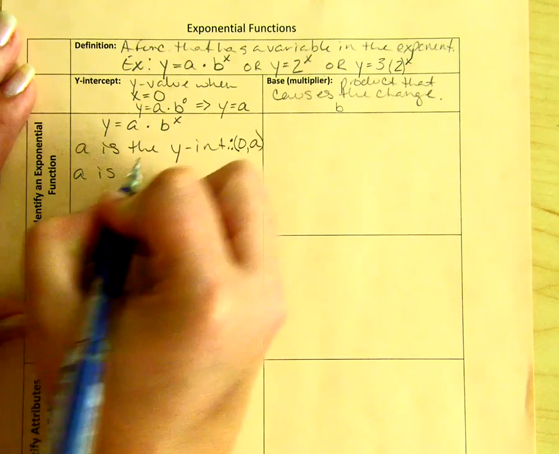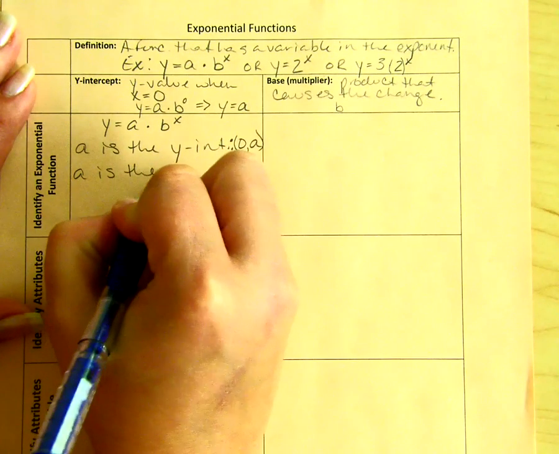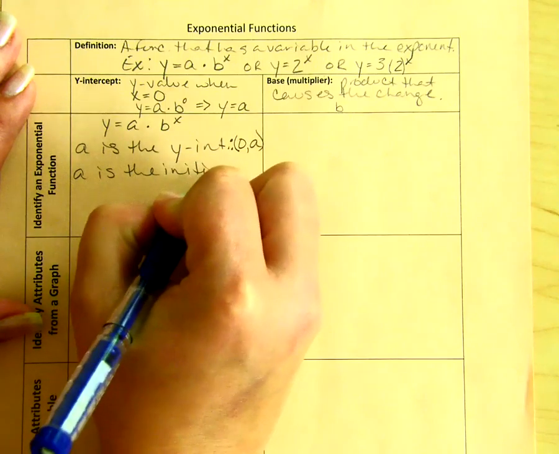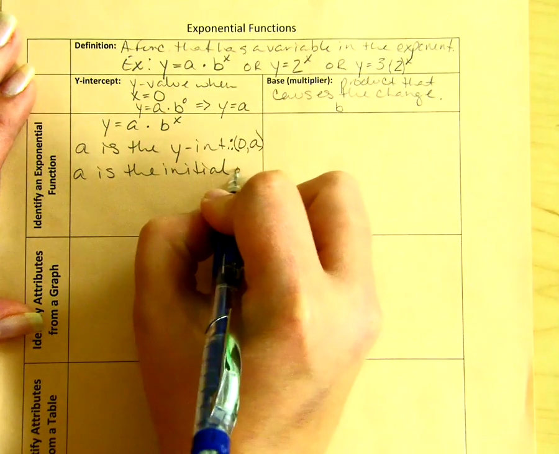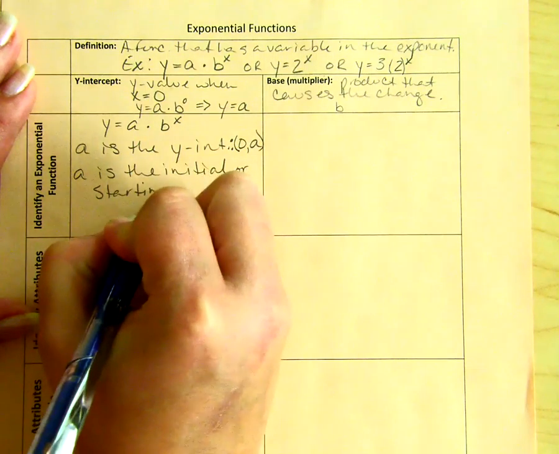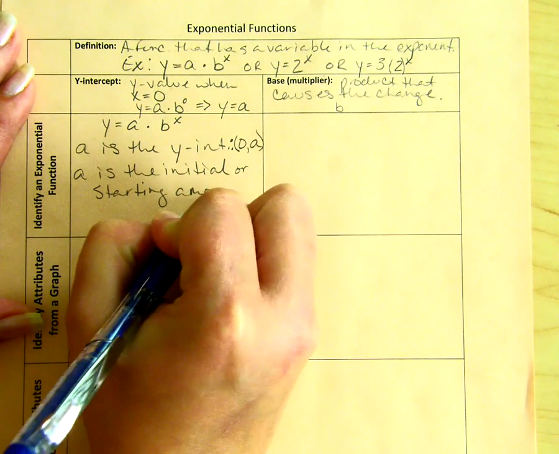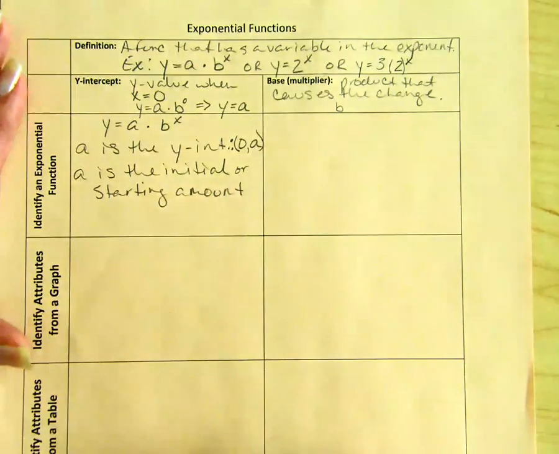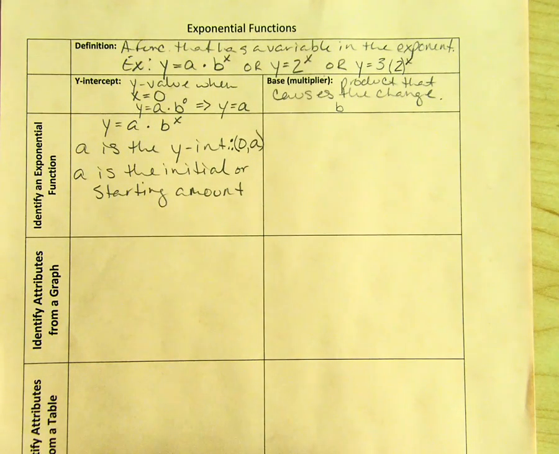A is otherwise known as the initial or starting amount. So if you're writing the equation from a word problem and they tell you that you start with $500, that's your A. That's your A value, okay?